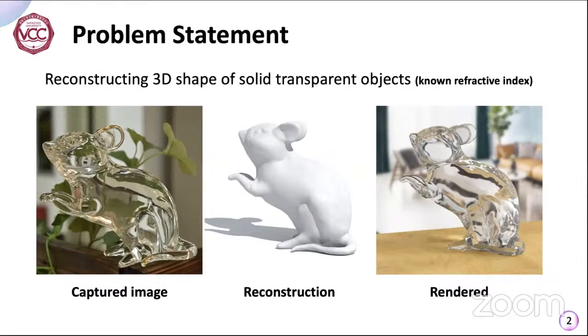Our reconstruction result is demonstrated in the middle, which nicely recovers the object surface geometry. The right side is this reconstructed model rendered in a virtual environment, which correctly reproduces the light refraction properties.